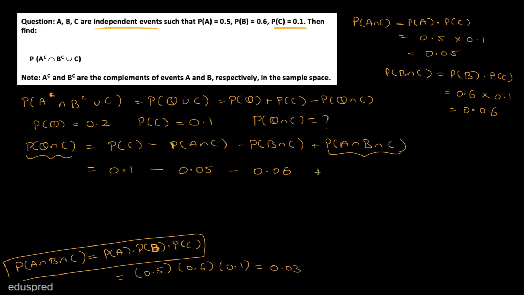Okay, so we have to add 0.03, and this is equal to 0.02. So the probability of Q intersection C is 0.02, and now we have all the information that we need.